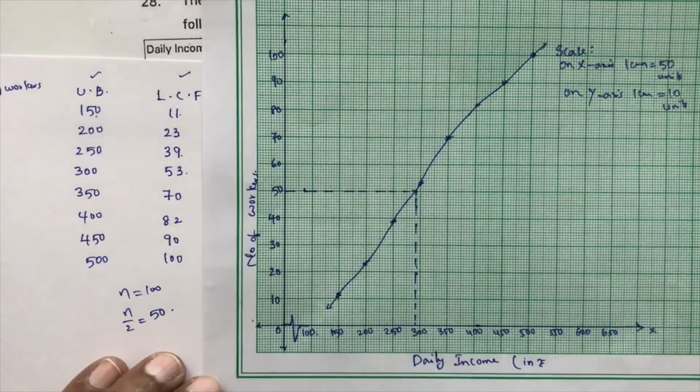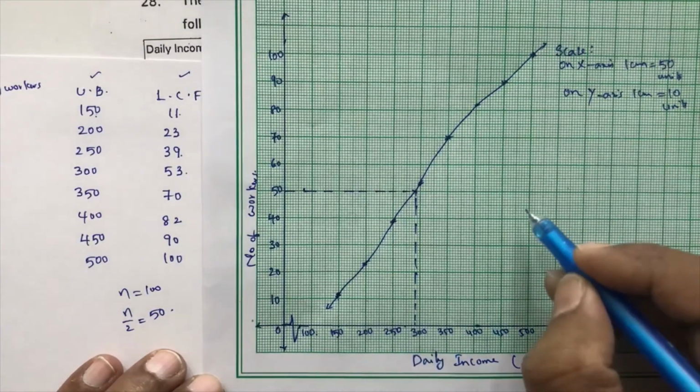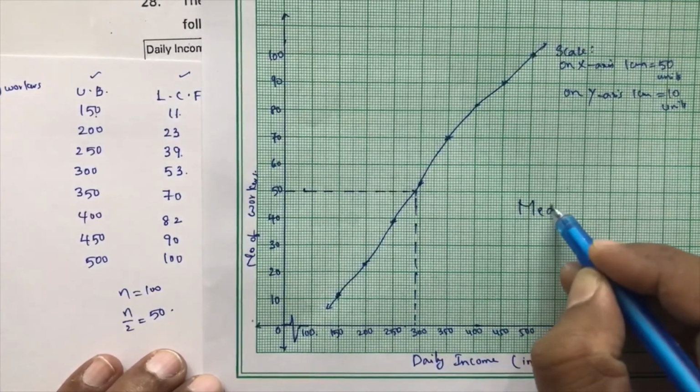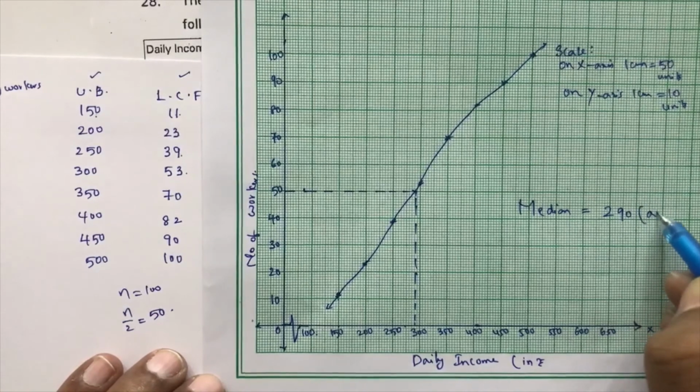So here the median will be, see, it is 250, so 275, 280 and something around 290. So the median is 290 approximately.